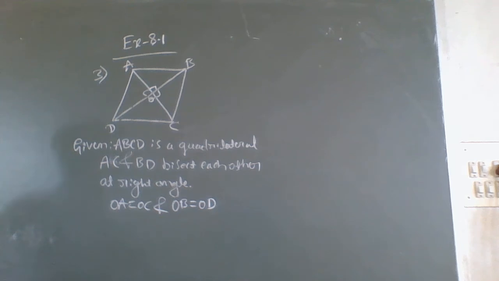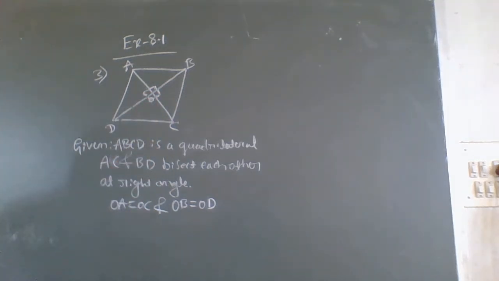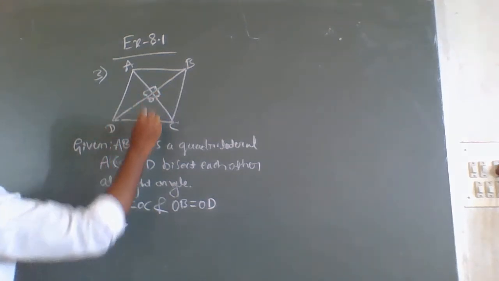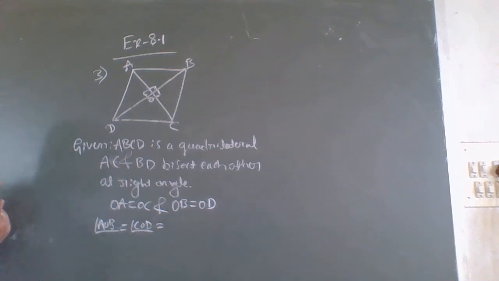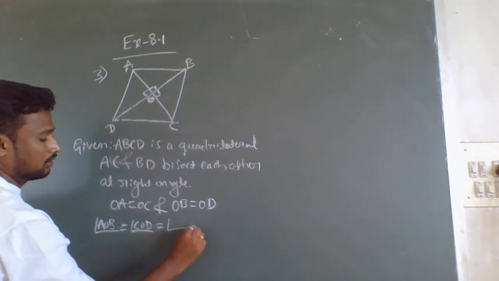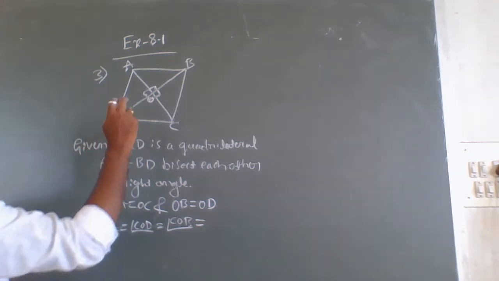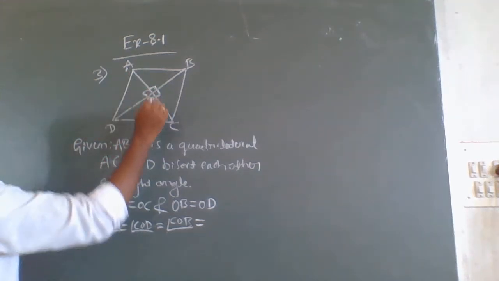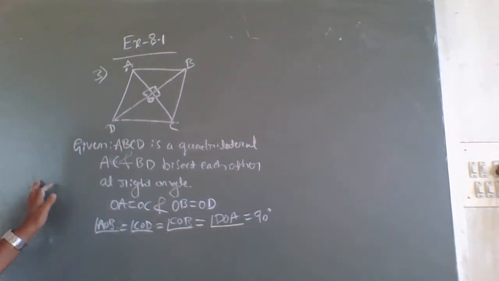Therefore we can write angle AOB equals angle COD, equals angle COB, and the remaining angle DOA or AOD is equal to 90 degrees. Here all these angles are 90 degrees.